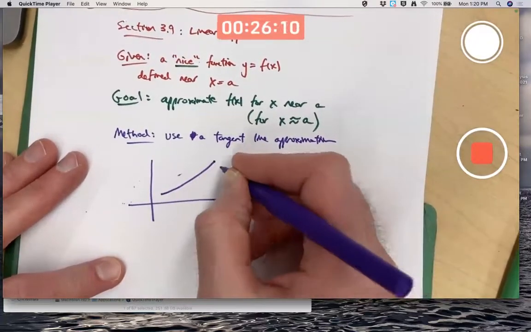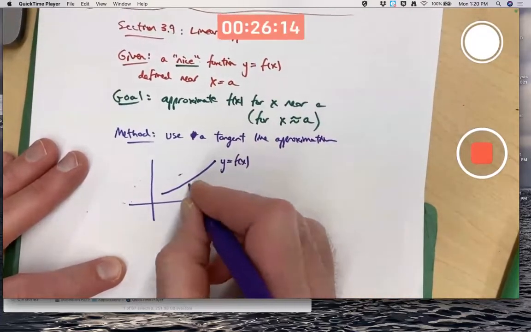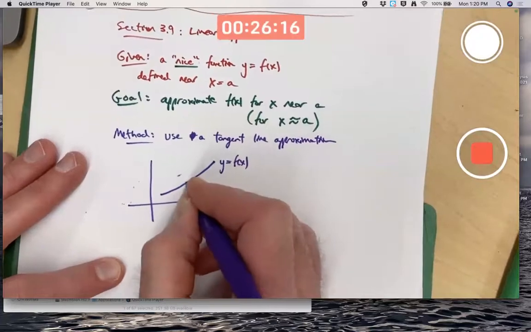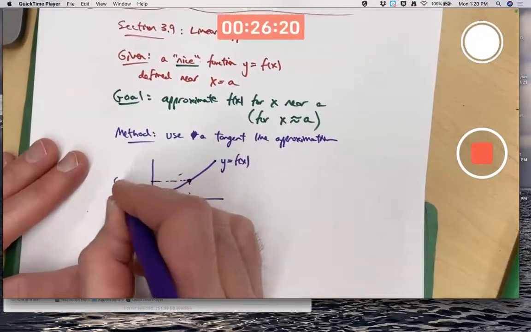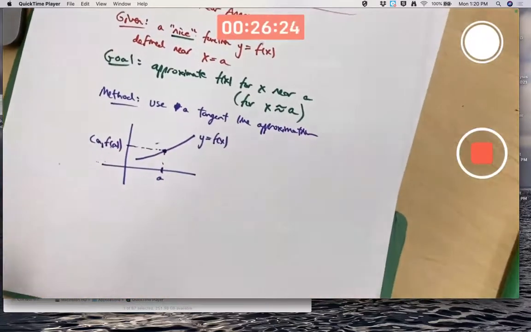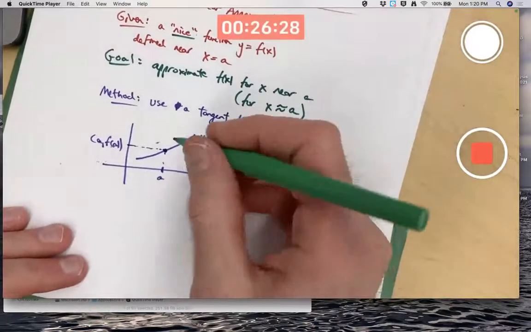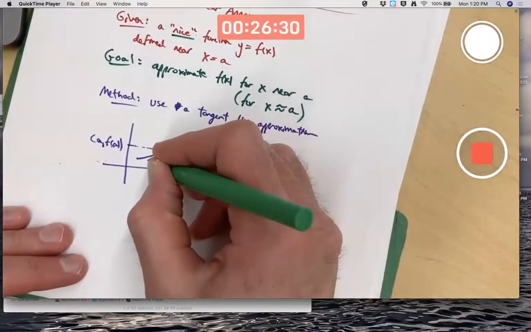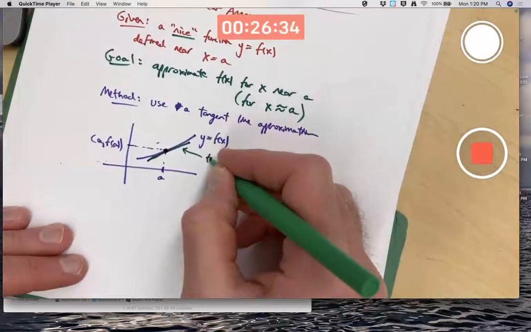Let's say the graph of f looks like this. Let's say a is right here. So this point has coordinates a comma f of a. The tangent line to the graph at this point would look about like this. Tangent line.